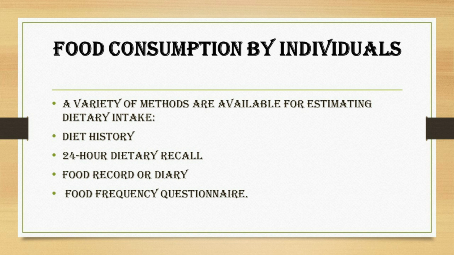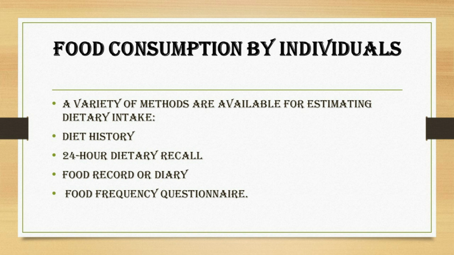All methods have strong points, weak points, advantages, and disadvantages. Dietary records are appropriate for assessing the intakes of groups of people, but a single 24-hour record may not give an adequate picture of a specific individual's usual intake.